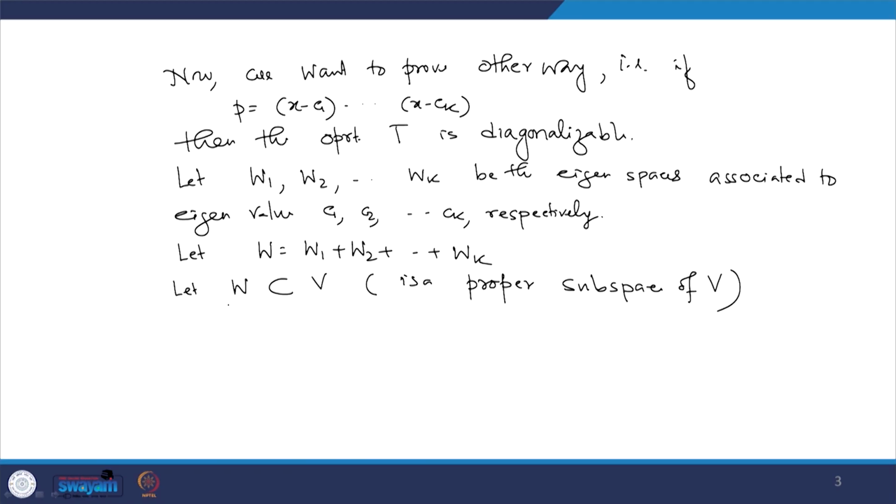Okay. So, let 0 not equal to alpha belongs to V such that alpha does not belong to W.